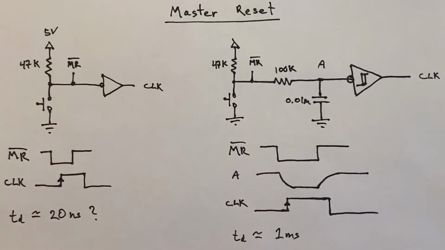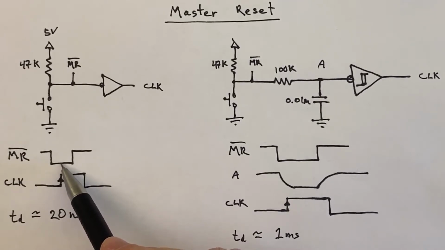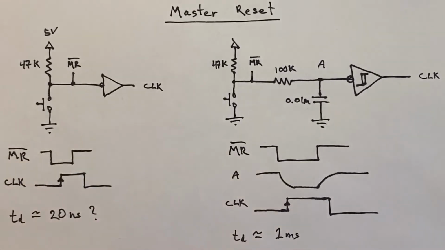And that looks like it's going to work, but we have to be careful, because clearly before the clock pulse goes up, the reset pin needs to be low, and it has to be low for a minimal amount of time. If you check out the data sheet, it says the minimum time is about 15 nanoseconds.